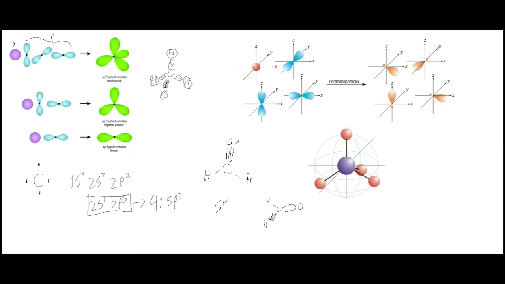This makes what's called a trigonal shape, where there is 120 degrees of separation between these bonds, whereas on something like this it's less, since there are 4 of them in this tetrahedral shape.